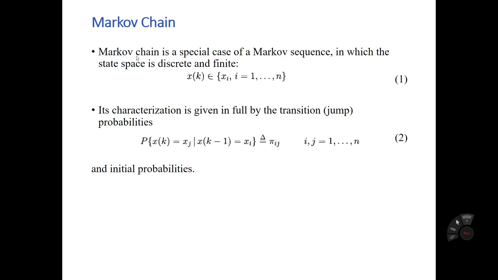Markov chain is a special case of Markov sequence in which the state space is discrete and finite. This is a chain of object state.